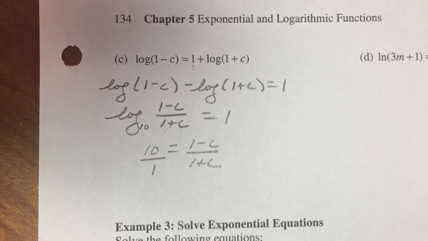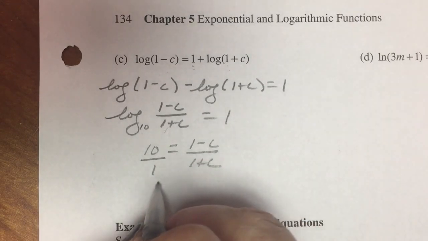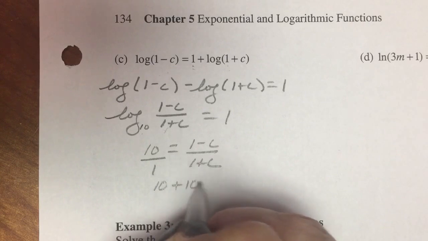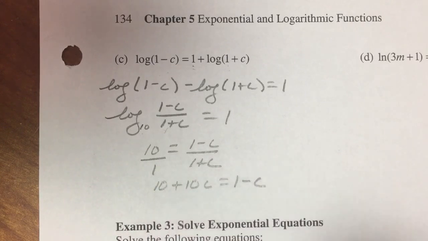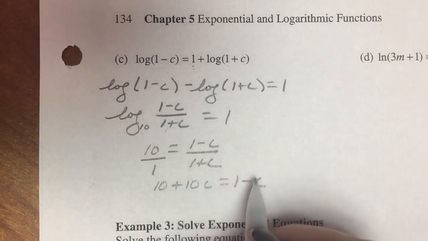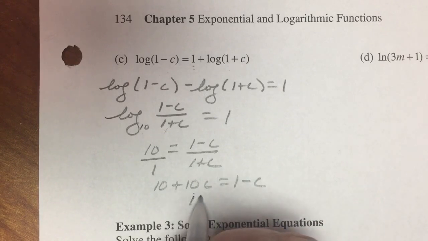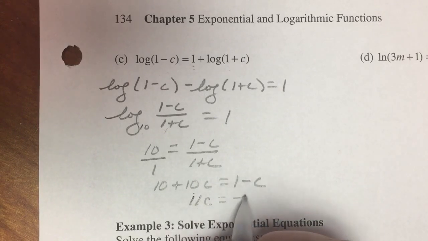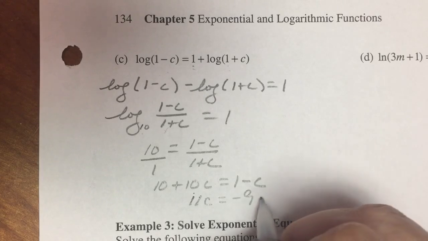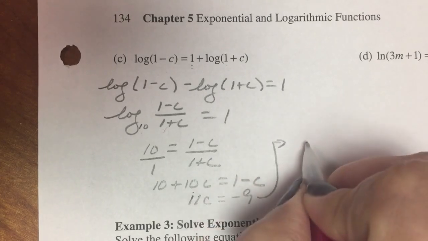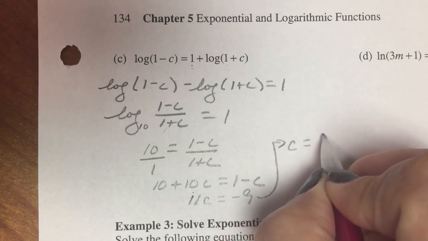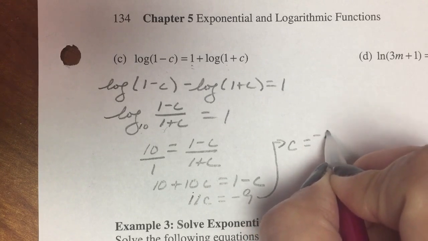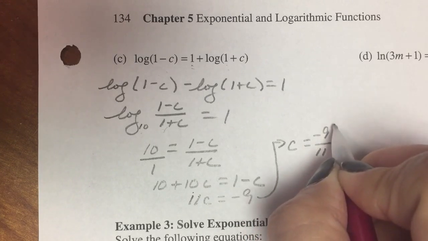Again, I'm going to cross multiply. So I'm going to get 10 plus 10c equals 1 minus c. If I move things around, I'm going to get 11c equals negative 9, which means c is negative 9 over 11.